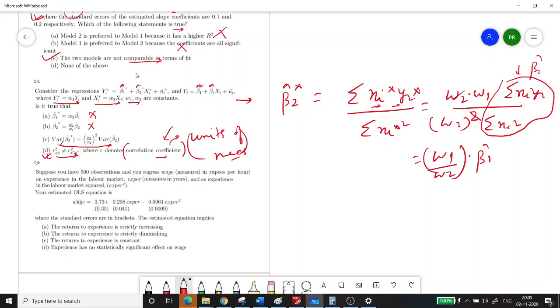So it does not matter whether you express xi and yi in whatever units, the correlation coefficient between x and y will not change. So this option automatically is wrong. In this case, the correct option is variance of beta 2 star hat is equal to this term. And I encourage you to find this out yourself.